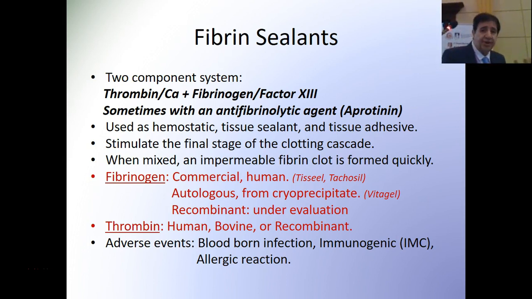So whenever it is human, then again we have the same issue of thinking about the blood-borne infection. And if it is bovine, again the immune reaction and the allergic reaction. So we need to think about it in almost the same way as we thought about the thrombin.